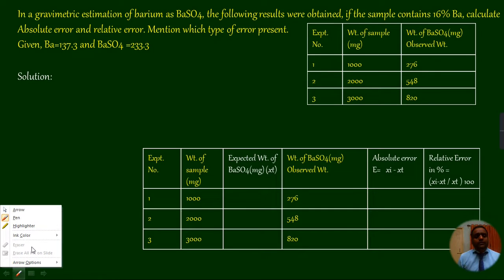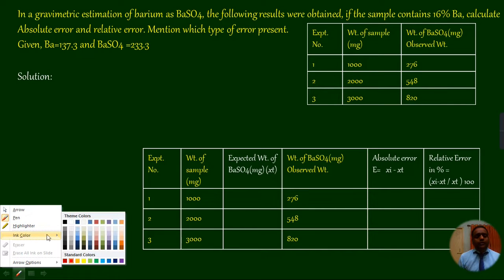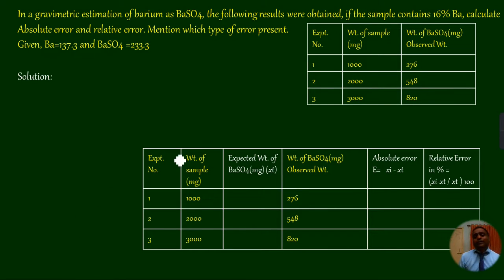Now to solve this example, we always need to find out the true value, because these are all experimental values, that is xi.